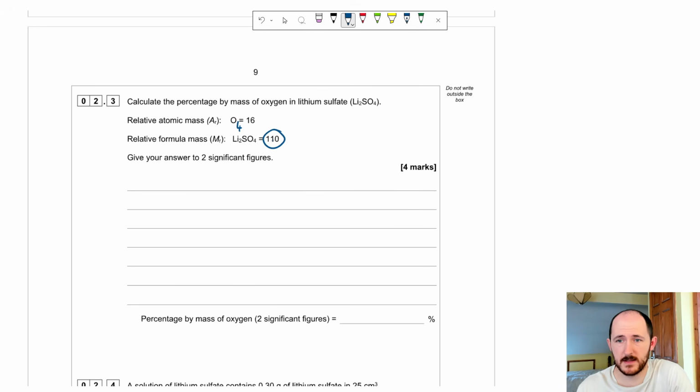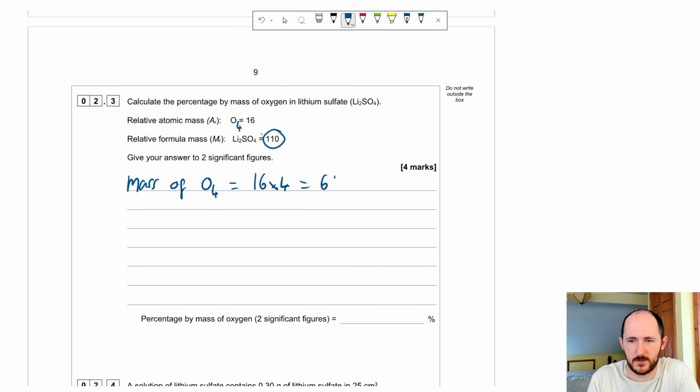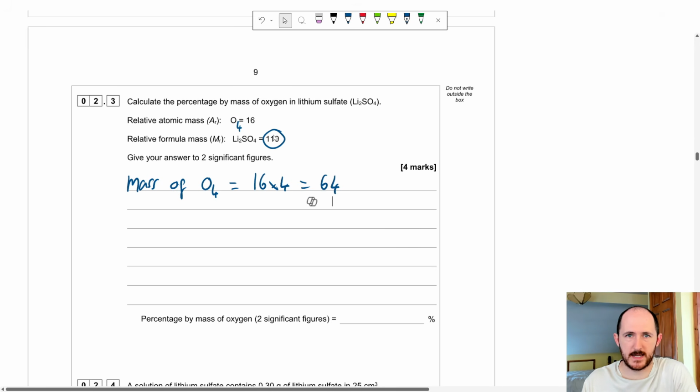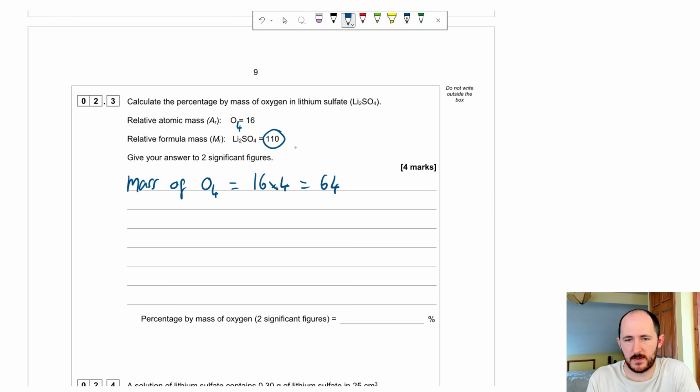That's all they mean. So all we need to do is work out the mass of O4, which we've already worked out before, but let's do it again. 64. And now we're going to make this a percentage out of 110. That's what percentage by mass means. So we have 64 out of 110 multiplied by 100.